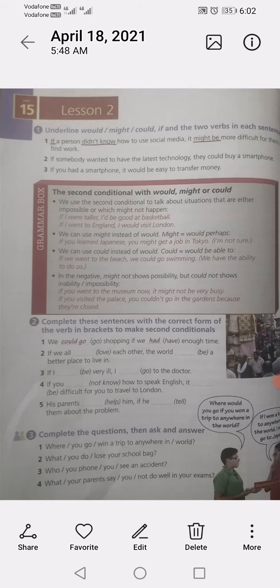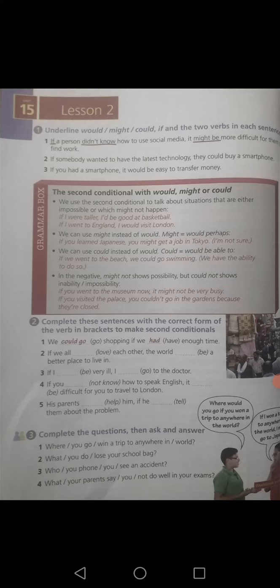And in the negative, might not shows possibility, but could not shows inability, which means impossibility. Again, if we used might not, it shows possibility. But if we used could not, it shows inability or impossibility.